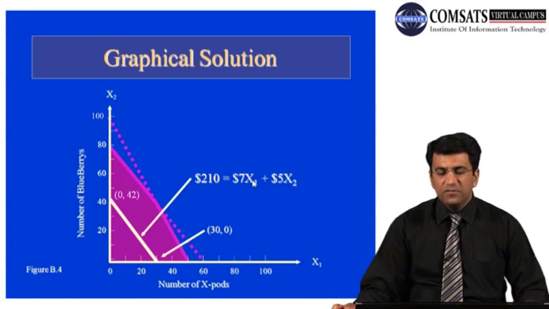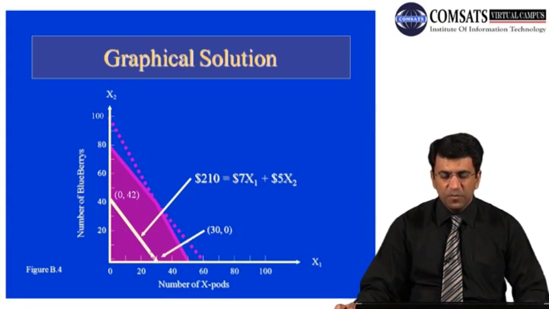You can take any value, but such that this profit line should be within the feasible region. That is important. If we take some value of 800 or 1000, that line may be beyond this feasible region, so that is not the case we should focus on. We should take such a hypothetical value of profit that our profit line is within this feasible region. So this is our initial profit line.